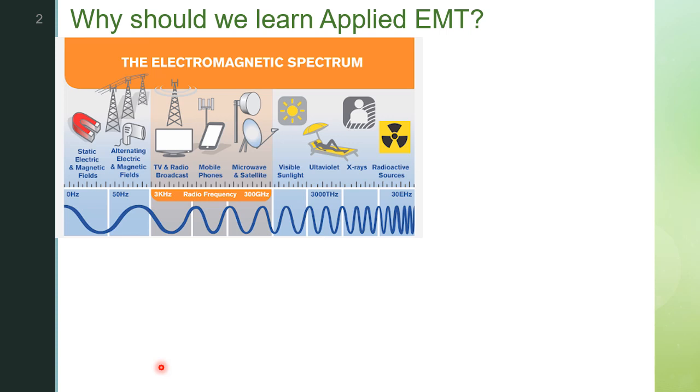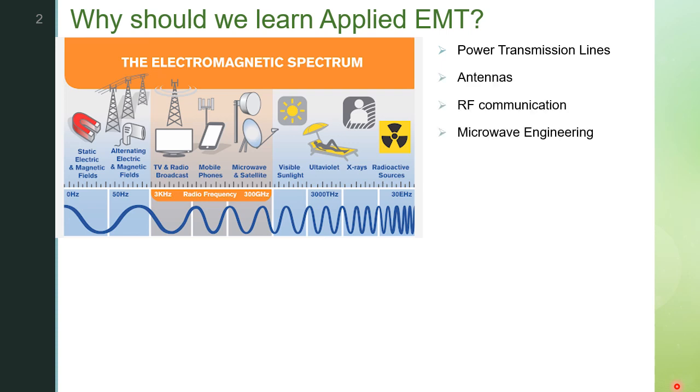It has a wide range of applications, ranging from power transmission lines, antennas, radio frequency communication, microwave engineering, electrical machines, satellite communication, etc. Since it has a wide range of applications, it enables us to learn the subject applied electromagnetic theory. That is, we should apply electromagnetic theory to particular applications.